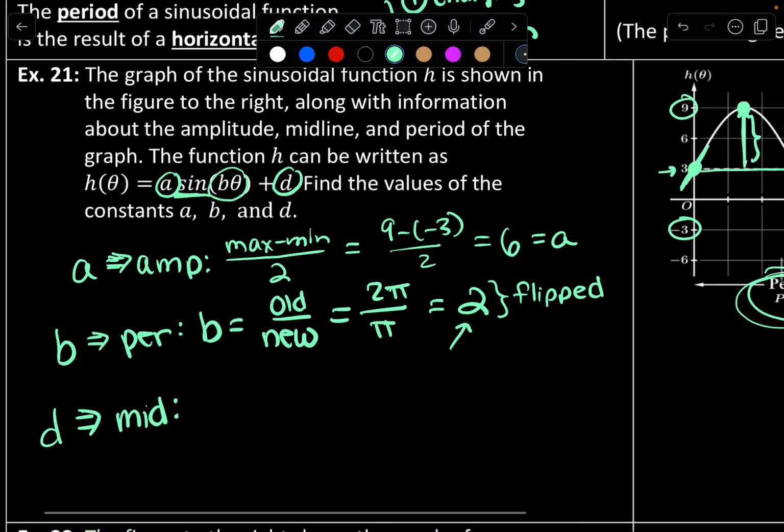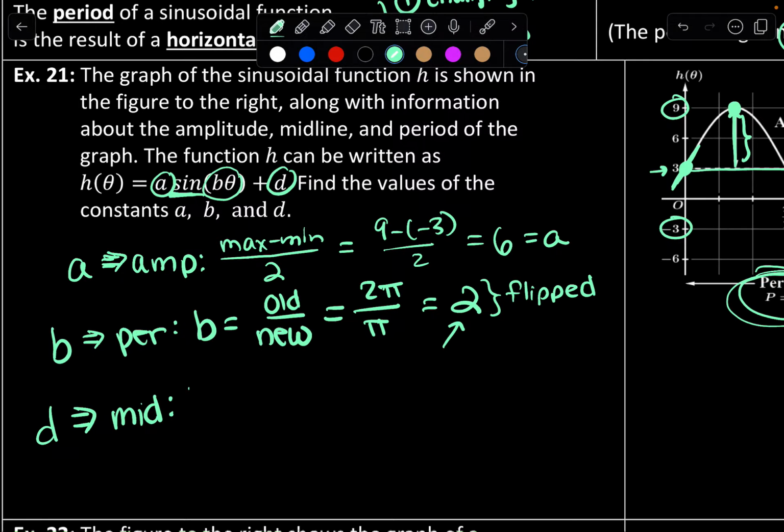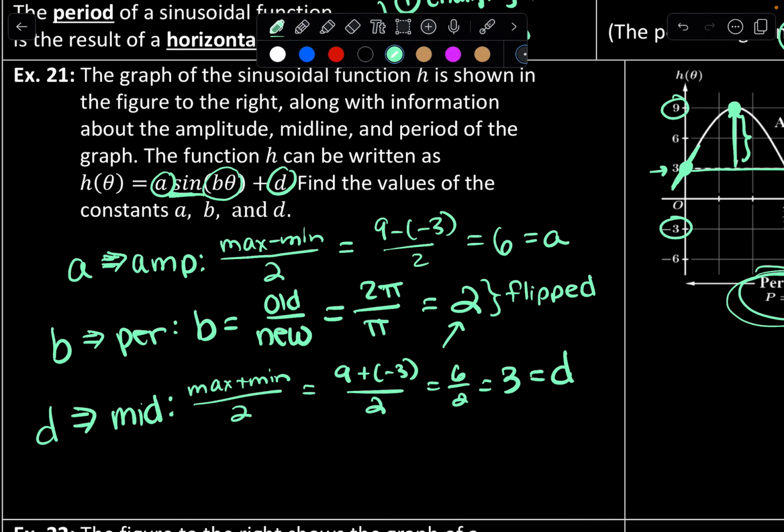But for the midline, we also have a formula for this one. It's max plus min, divided by 2. Again, you are not required to use this, but on a rainy day, if you can't remember, you can always just use it. The maximum is 9. The minimum is going to be -3. So I get 6 over 2, which is equal to 3, which is our D value.